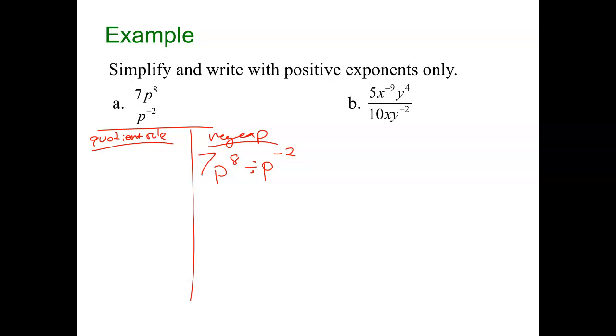I'm just simplifying this right here. Reciprocal. 7p to the 8th divided by 1 over p squared. Well, now I'm doing division with a fraction. What's the process for dividing with a fraction? Multiply by what?